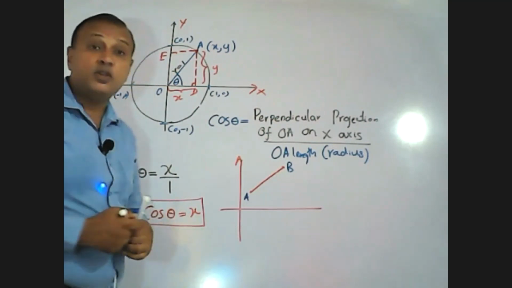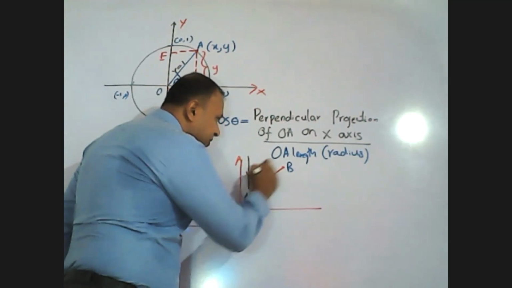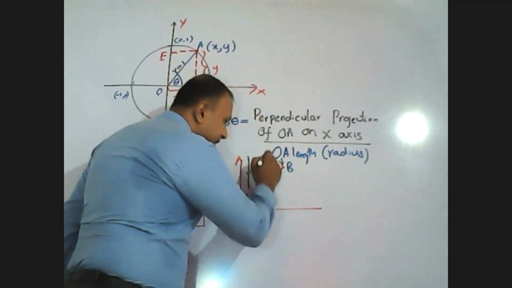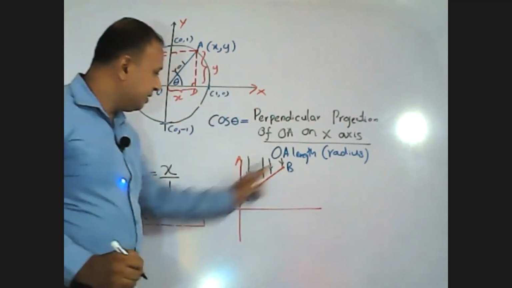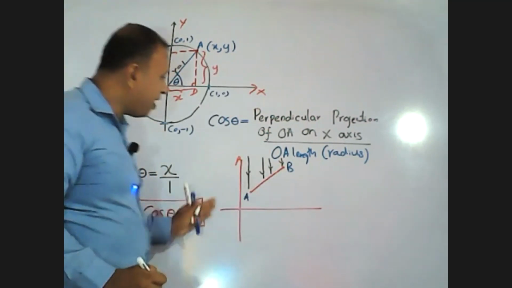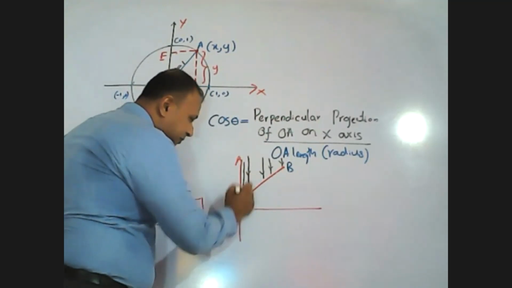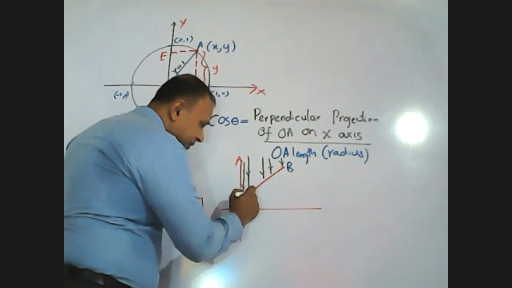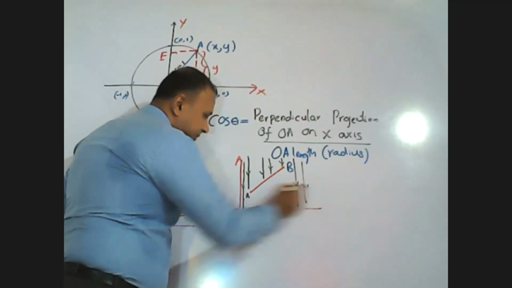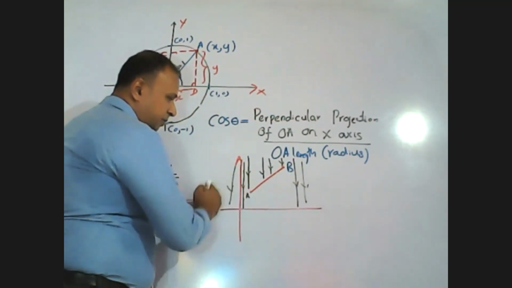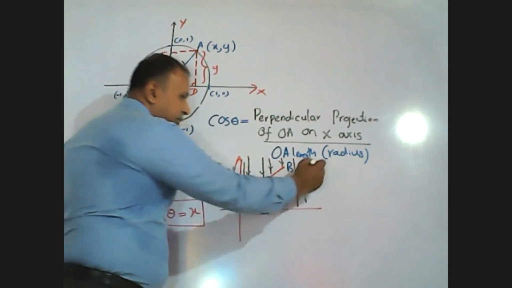So what should I do? I should incident a parallel light beam on this rod. If I incident a parallel light beam here, you can clearly see light may pass from here, in this region.